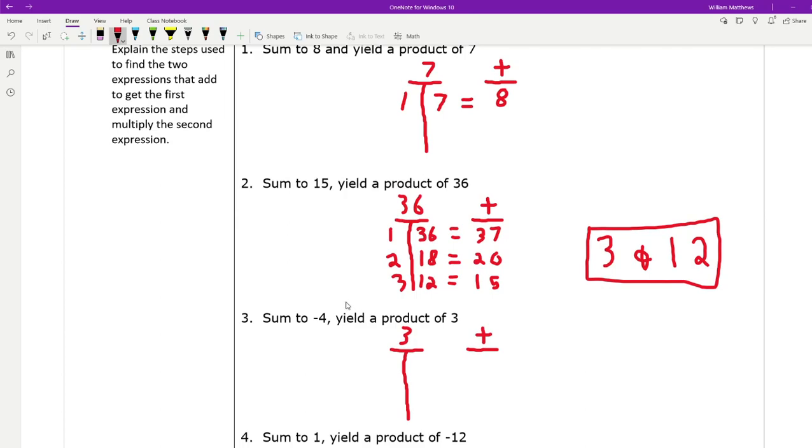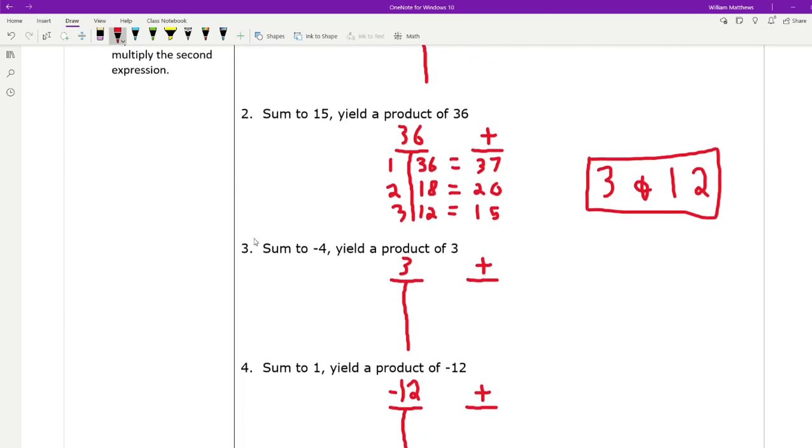Now sometimes the number that we're going to be dealing with is a negative number for our sum. If our product is a positive value, we can always deal with positive numbers, such as 1 times 3. In this case, we know this will equal 4. But in order to get a negative value with a positive product, we need to make both values negative.